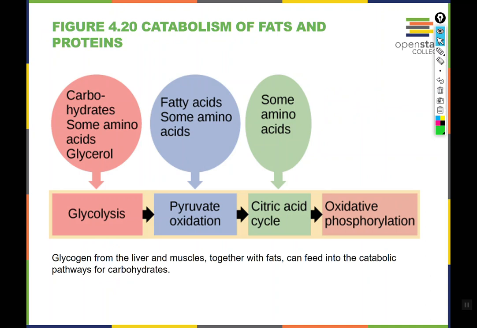It's not the only thing they can use. If we look at this little chart, at the bottom it walks us through the steps. Glycolysis is step number 1. Pyruvate oxidation is step number 2. Citric acid cycle is step number 3. And finally, oxidative phosphorylation is step number 4.